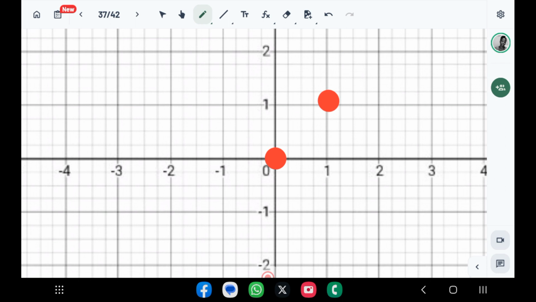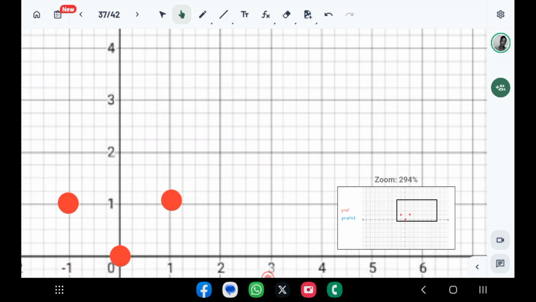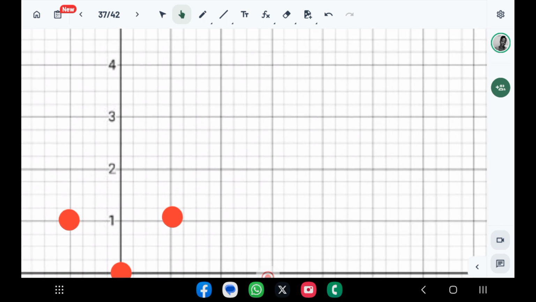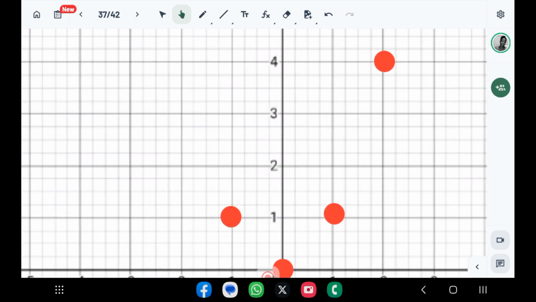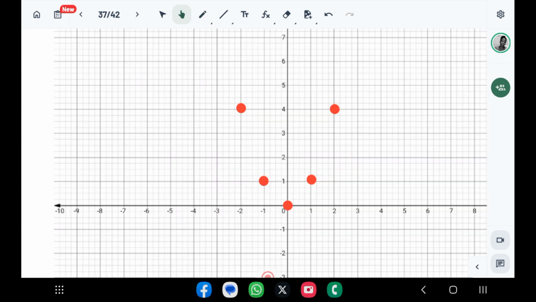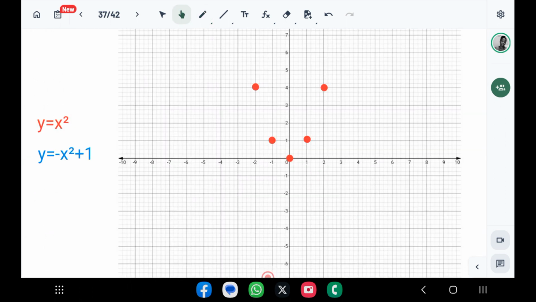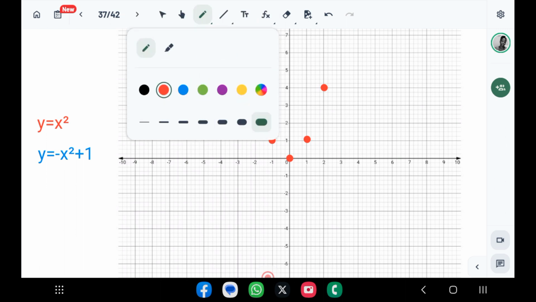So that's 1, 1, negative 1, 1, and then 2, 4, negative 2, 4. Alright, now let's join the points together.